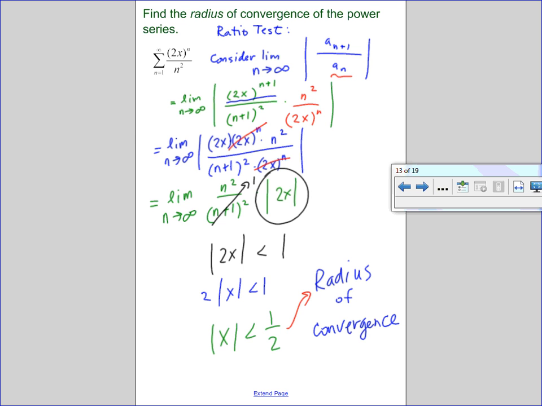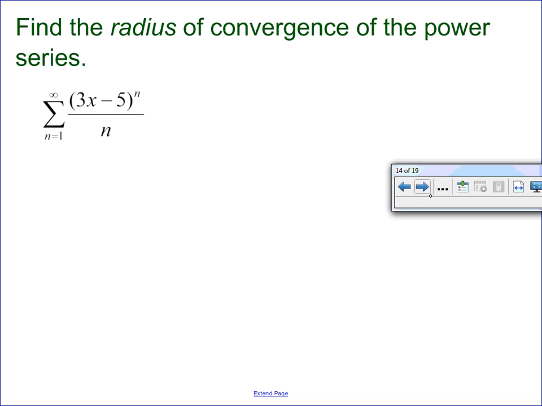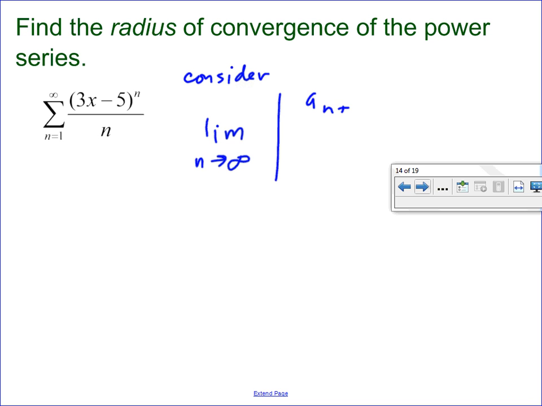Whew. Let's try another. Find the radius of convergence of the power series. All right, well, we'll do the ratio test. So we'll consider the limit as n goes to infinity of the absolute value of the n plus first term over the nth term.